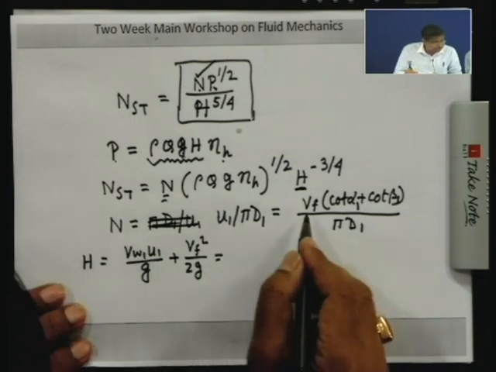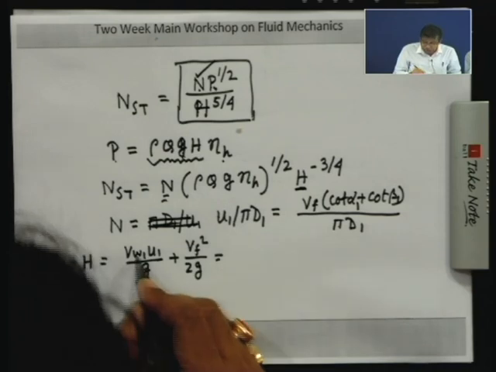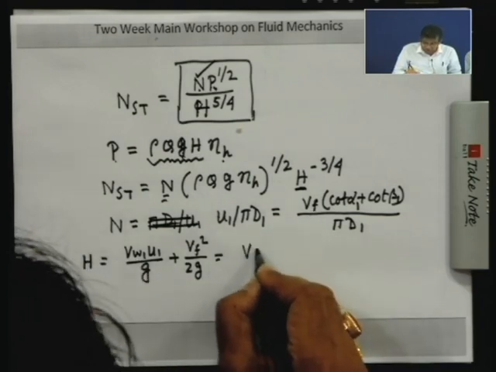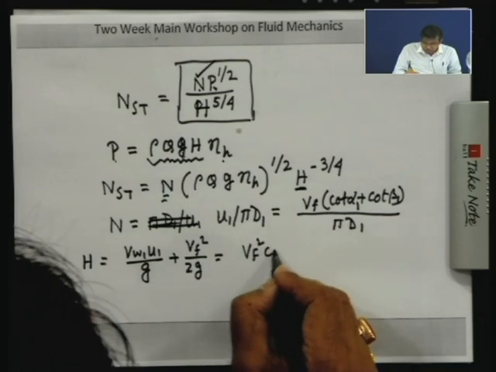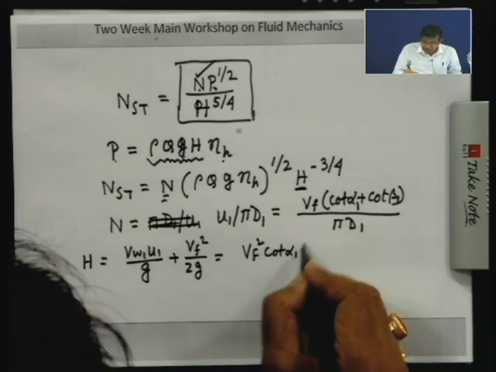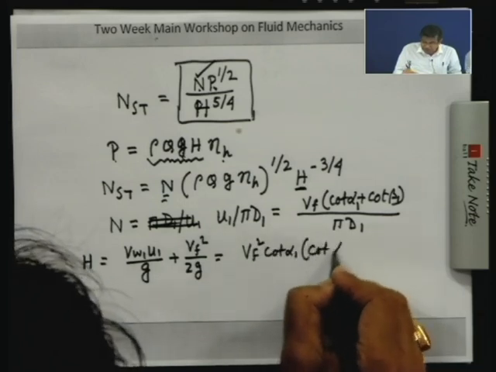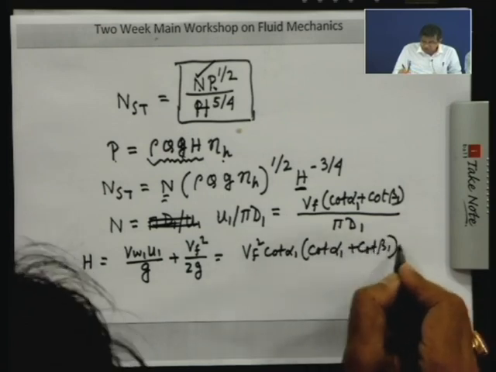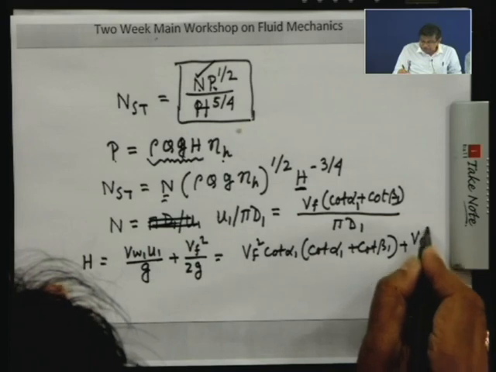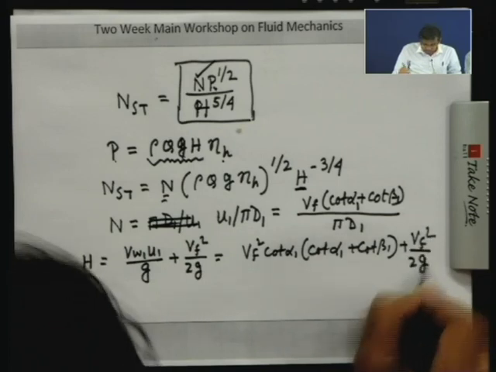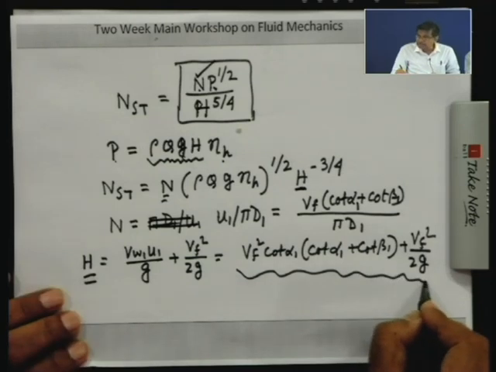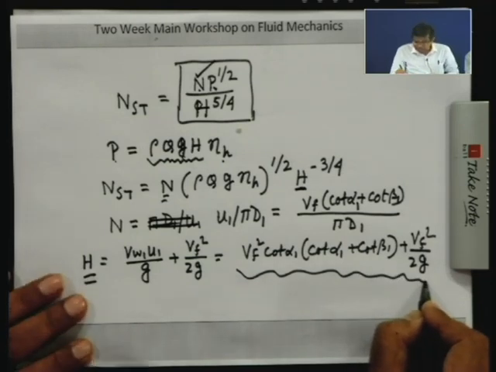Vw1 is Vf cot alpha, that means this will be Vf square cot alpha 1 into cot alpha 1 plus cot beta 1, plus Vf square by 2G. So this is nothing but the head, which was already developed while deriving the expression of hydraulic efficiency.